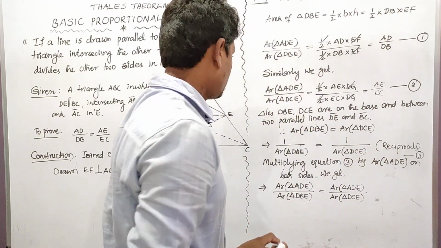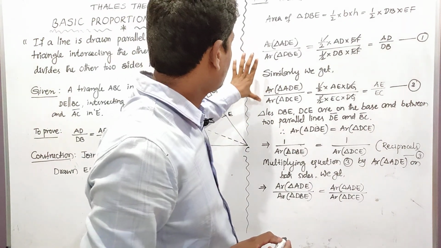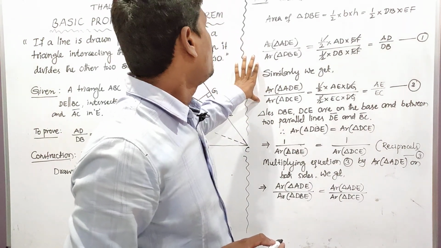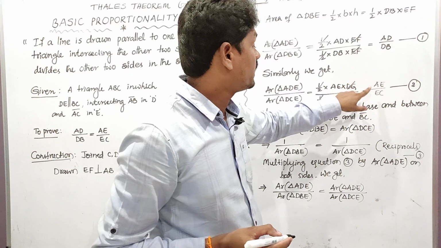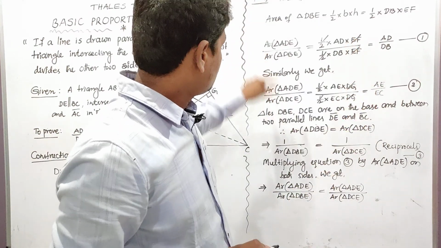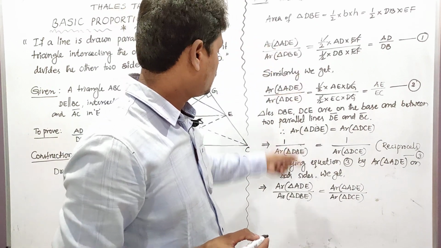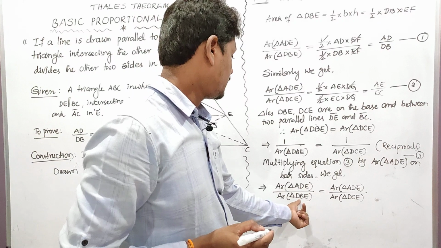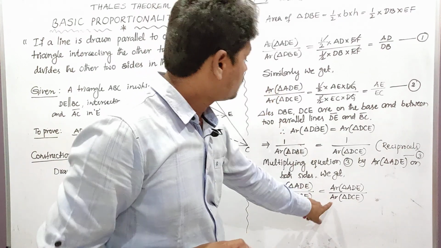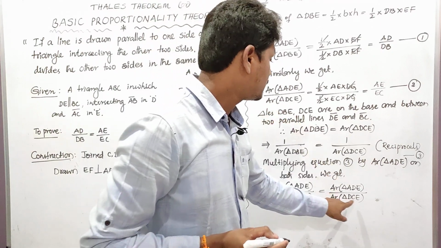So see student, now the left hand sides of equation 1 and equation 2 are equal. Now we can equate the right hand sides. The right hand sides are AD by DB and AE by EC. This is the left hand side of equation 1, area of triangle ADE by area of triangle DBE, and this is the left hand side of equation 2, area of triangle ADE by area of triangle DCE.